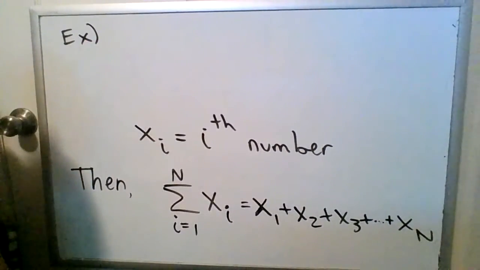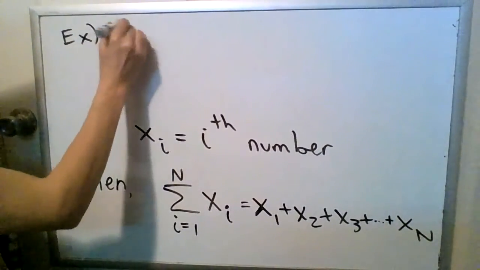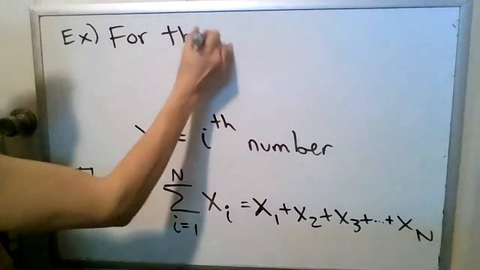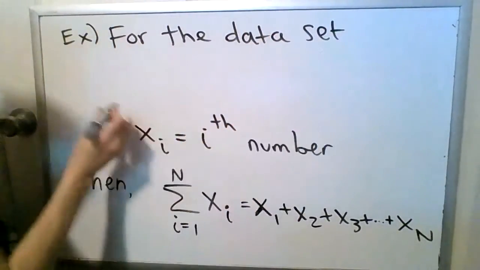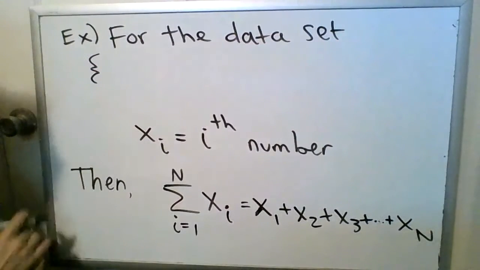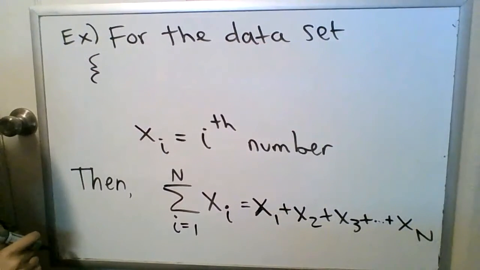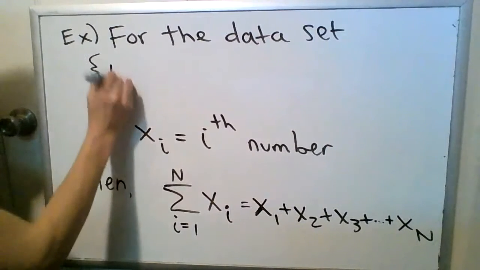So for the following data set that contains 1, 2, 1, 3, 7, 9.